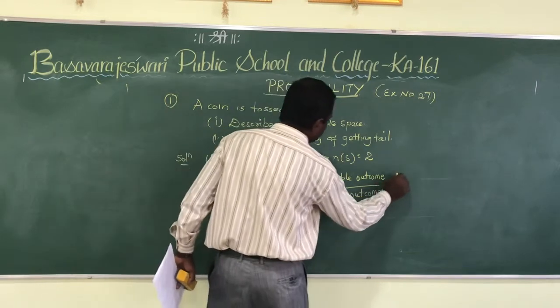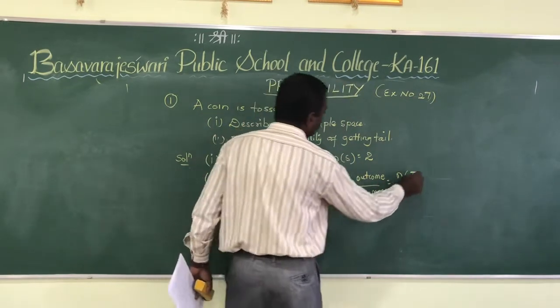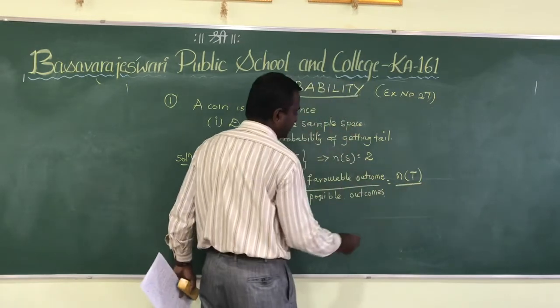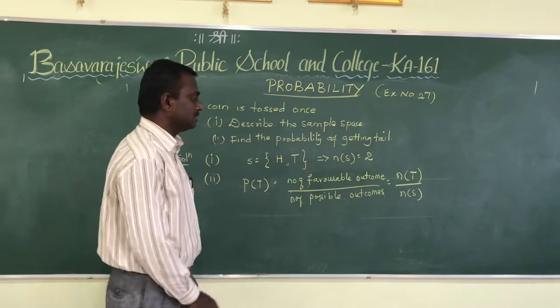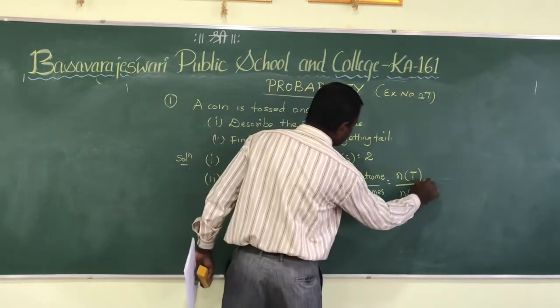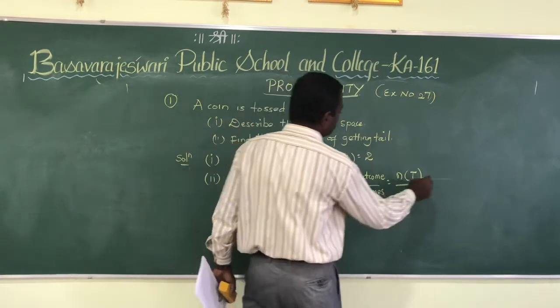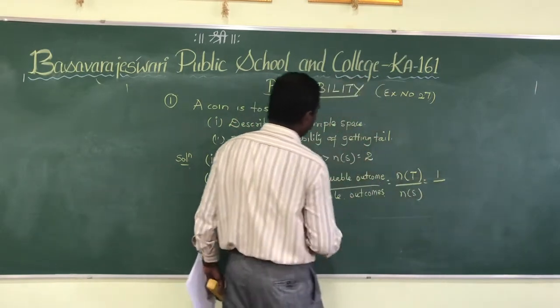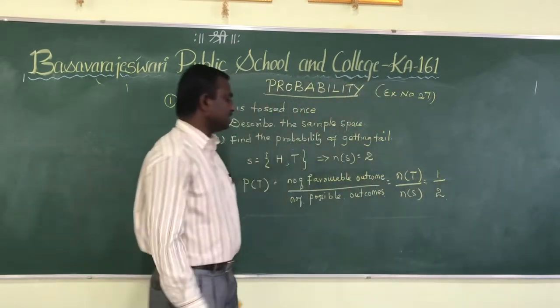So you can say n of T, number of tails, divided by n of S, number of sample space. So that is equal to how much? How many tails? Only 1. So therefore 1 by sample space how much? 2. So therefore this is the answer.